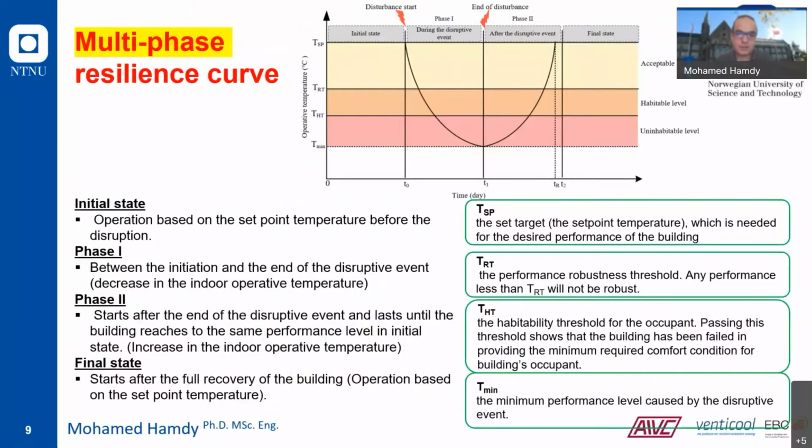If I'm talking about the initial multi-phase resilience curve, as introduced here, there is the initial state, then the disruption comes, then the building recovers, and it takes time. This example is given for cold weather. If you have a set point here, then in this yellow range it's an acceptable level based on the standard, the orange one is habitable, and the other one is uninhabitable.